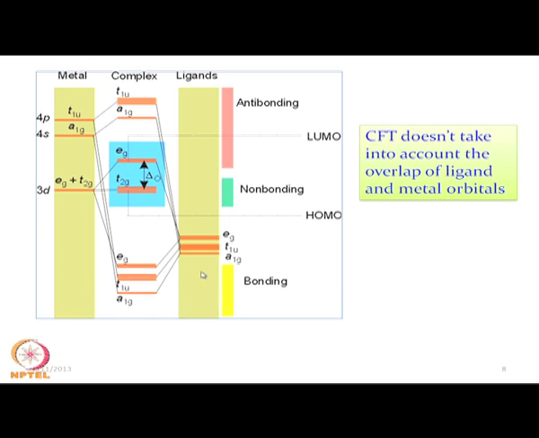In terms of ligand field theory, this bonding interaction stabilizes the metal complex, and whatever spectroscopic, magnetic and other properties we have come from the non-bonding and anti-bonding interactions. We have the non-bonding level as our HOMO level. So, HOMO is our non-bonding level and the LUMO is the anti-bonding level.